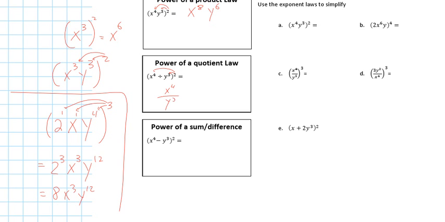Whatever you like, you can keep it the same way or write it this way. Remember that your exponent is going to be multiplied by the exponent of every single term inside your bracket. So that's going to be x to the power of 8 over y to the power of 6.